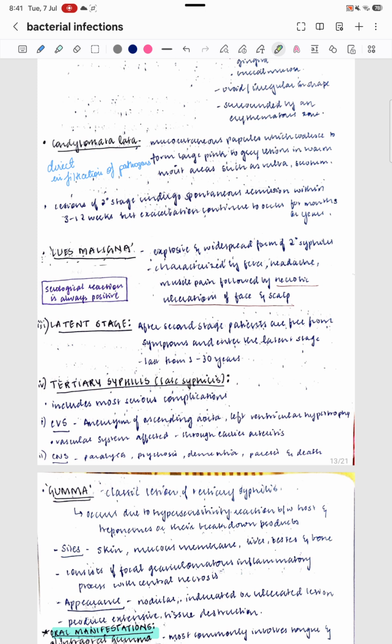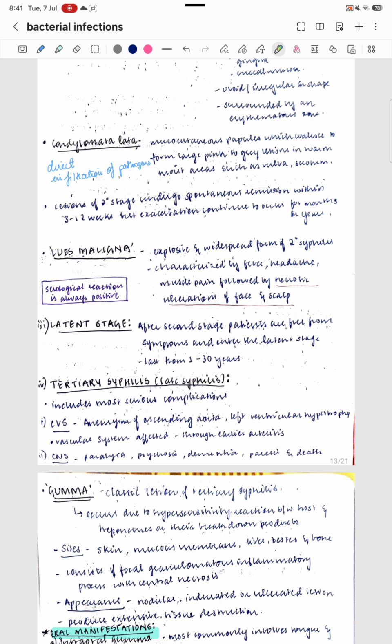So basically small papules coalesce to form a large pink lesion, that is your condylomata lata. Now the lesions of the secondary stage undergo spontaneous remission, that is, they heal after 3 to 12 weeks, and exacerbations continue to occur for months or years.